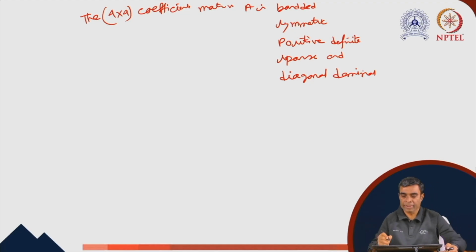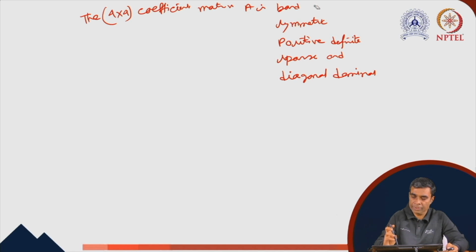When we say that this is a banded matrix equation system, we note that in this case we have three diagonals, or the matrix is tridiagonal.